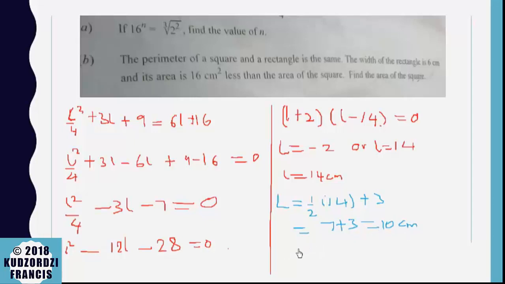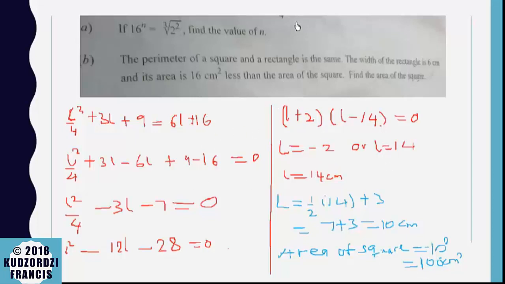Now we are supposed to find the area of the square. So the area of the square is equal to 10 squared, and this will give us 100 centimeters squared. Now you can check that you are correct by checking the area of the rectangle.